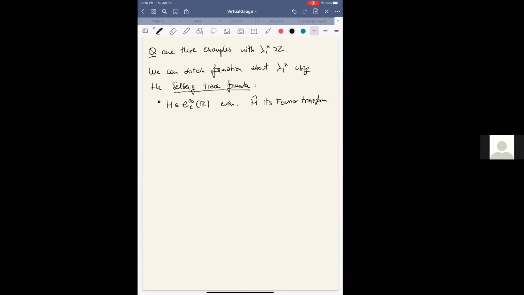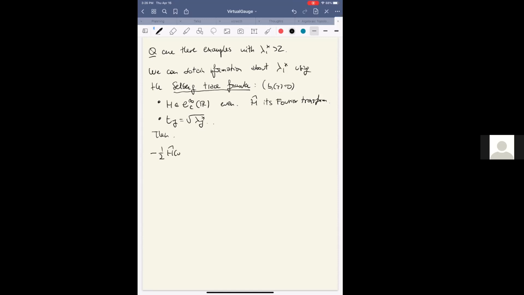Okay, and then for notational convenience, let's set t_j to be the square root of lambda_j star, so the square root of the eigenvalue. Then we have the following relation. Here I'm always assuming b1 equals 0, but there's a formula that holds in general.